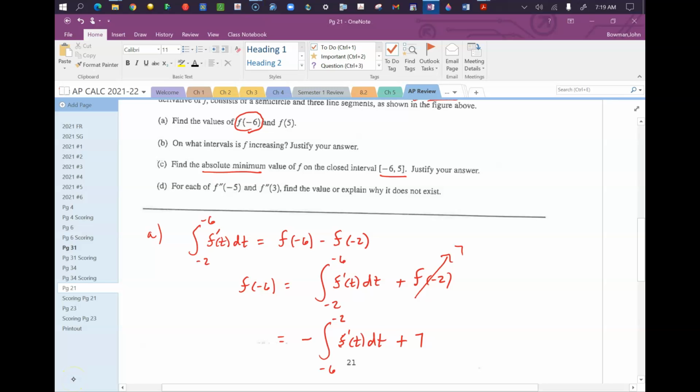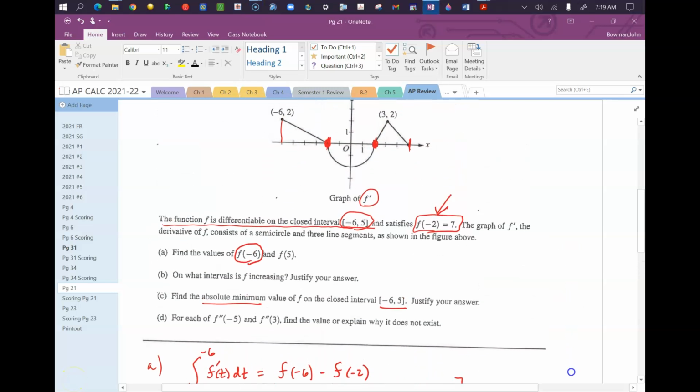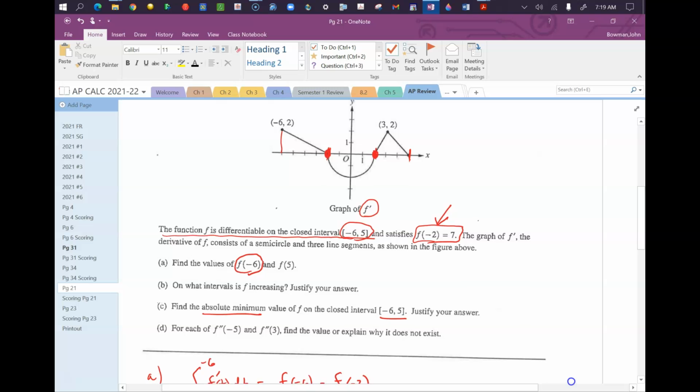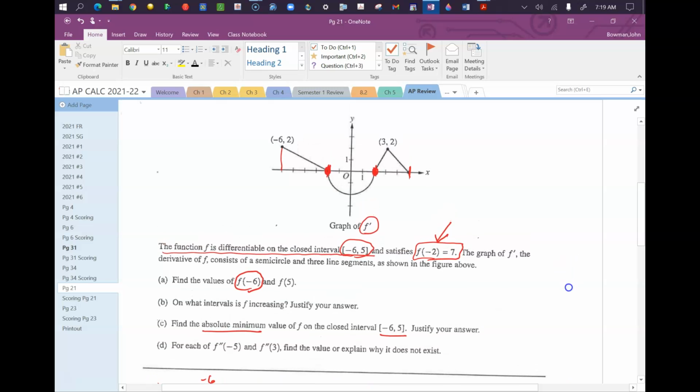And for the last part here, they are asking us to find f double prime of -5 and f double prime of 3. Well, f double prime is going to be the rate of change of f prime, or shall we say the slope of f prime. We have a graph of f prime, so for f double prime of -5, here's -5, so we need to find that slope.